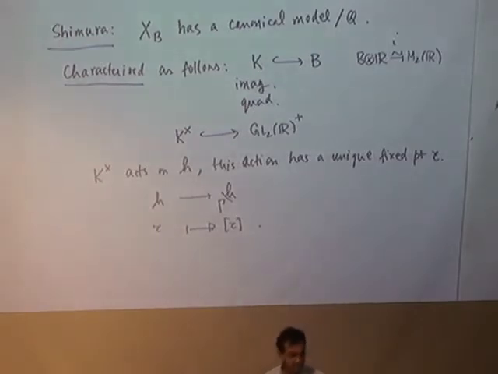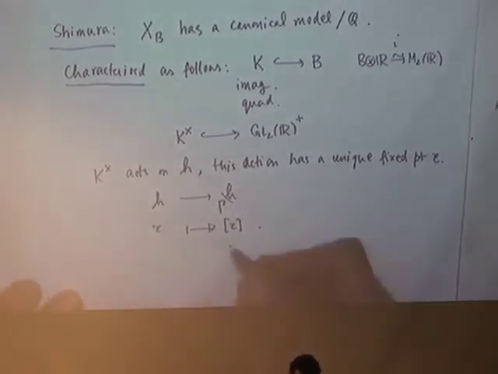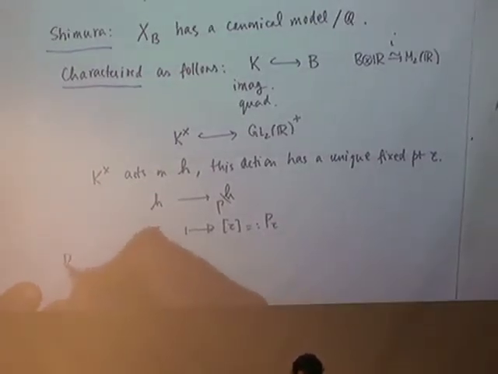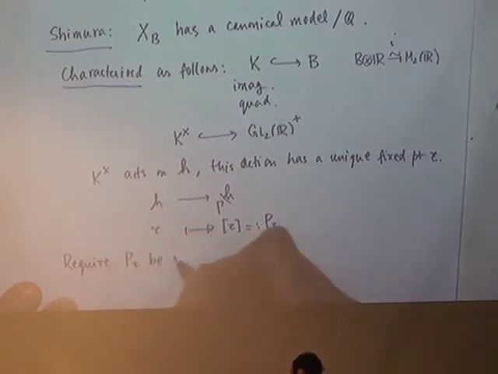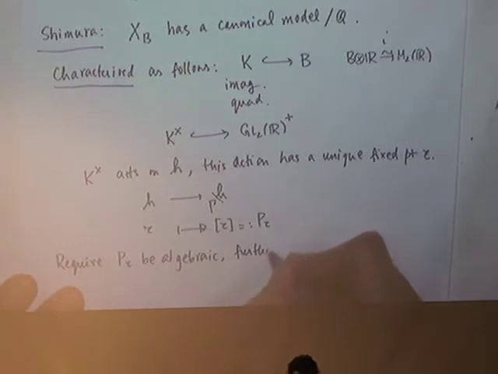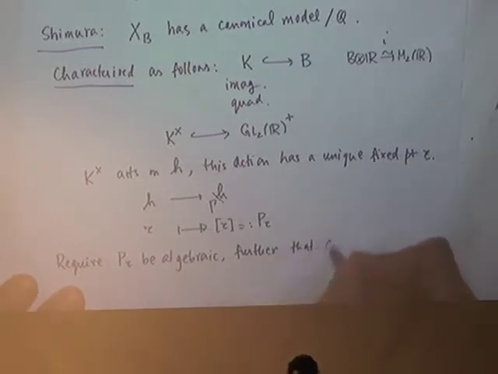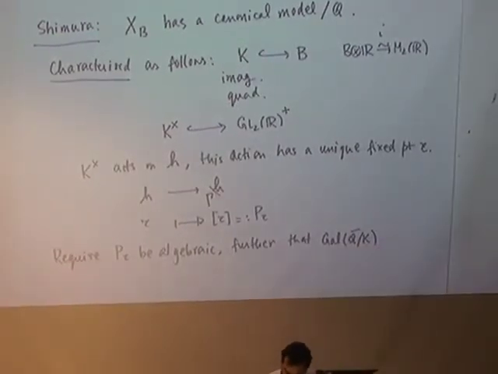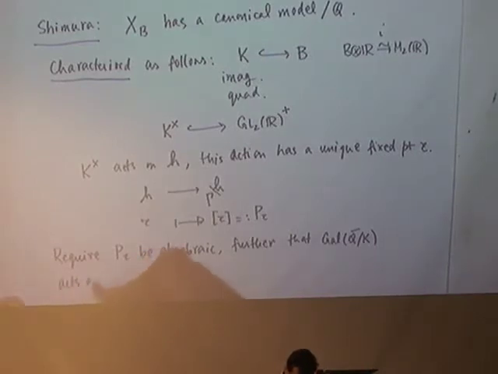And Shimura's characterization is the following. You require that this point, which I'll call p tau, be algebraic, and further that the Galois group of Q bar over K should act on such points in a prescribed way.